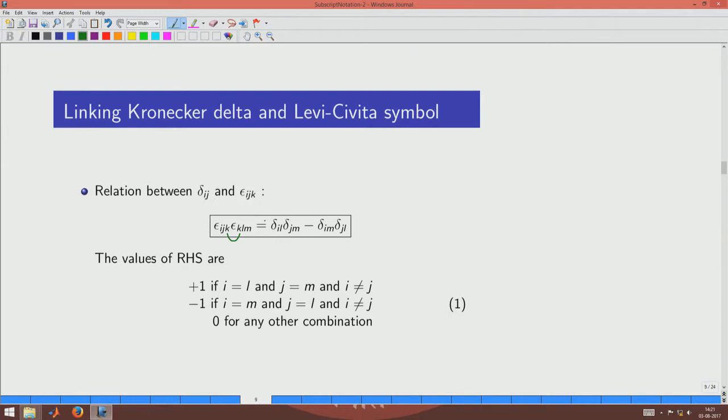So, when you want to write this expression, you would see on the left hand side you have got epsilon i j k epsilon k l m, and this is basically summed over k equal to 1 2 3, for each i j l and m. For each value of i j l m, you are summing up 3 pairs of epsilons and then getting the value, and these are the values that will come out.